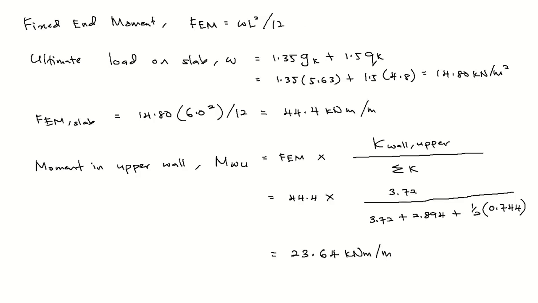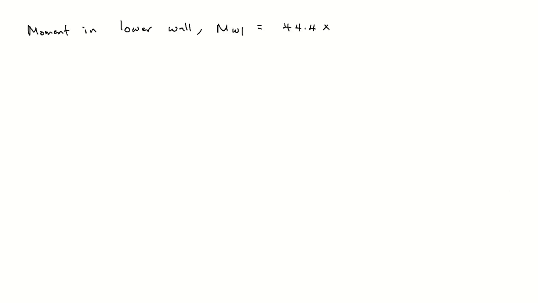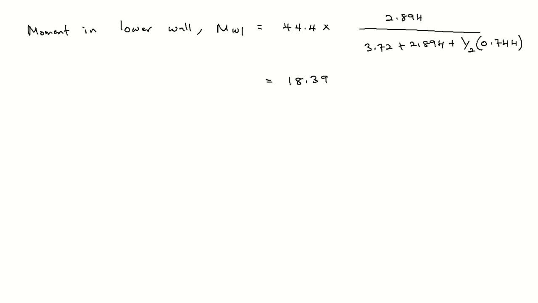Moment in lower wall, MWL, equals the same formula, the FEM 44.4 times K divided by the total K, but K now is K wall lower, which is 2.894. 2.894 divided by the total K. Total K is 3.72 plus 2.894 plus just half K of the slab, 0.744, and this brings you 18.39 kilonewton meter per meter.